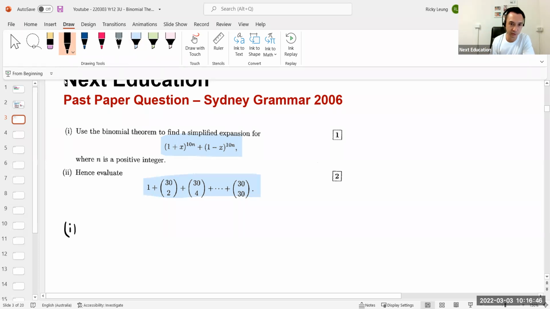What I'm going to do for illustration purposes, I'll just do this in isolation. Oh, sorry, this is 10n, right? Not that it makes a difference.